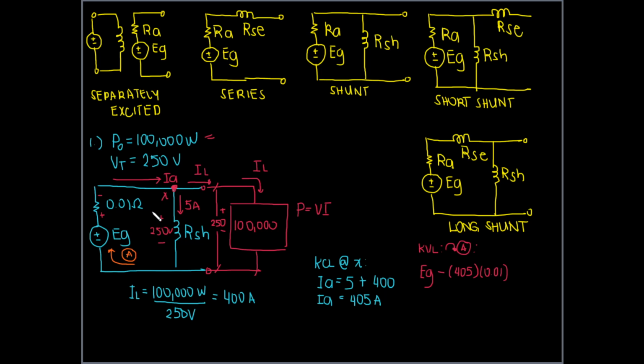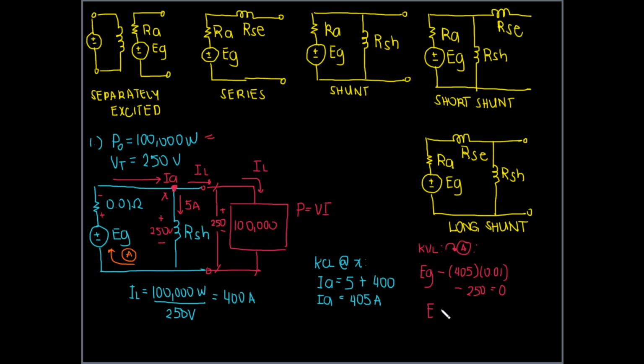And then last, for this component, we will exit the negative terminal, so minus. Voltage here is already given, 250. So the algebraic sum of all voltage rises and voltage drops across a closed continuous loop is 0.